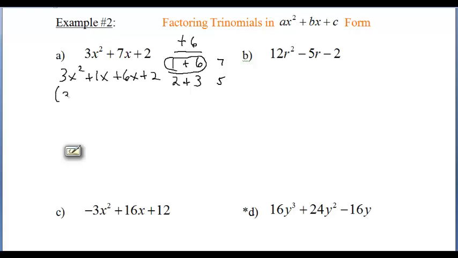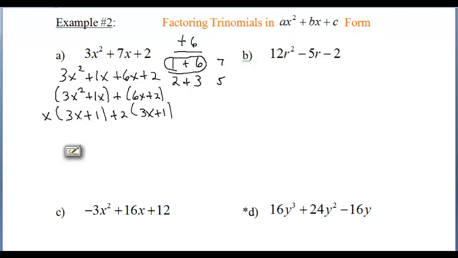Now I'm going to factor by grouping. So I group the first two terms together and the last two terms together and remove the GCF, which is an x in the first group. That leaves me a 3x plus 1, and a positive 2 in the second group, and that also leaves me a 3x plus 1.